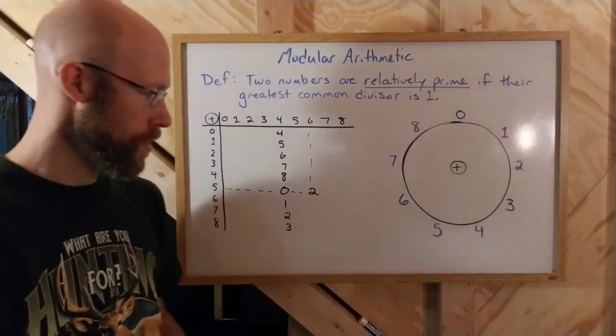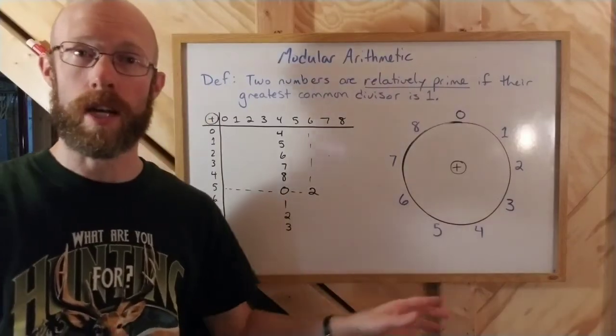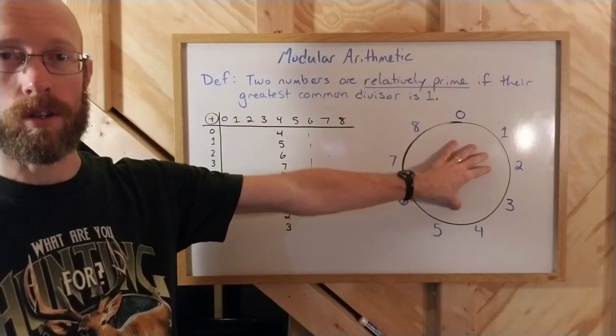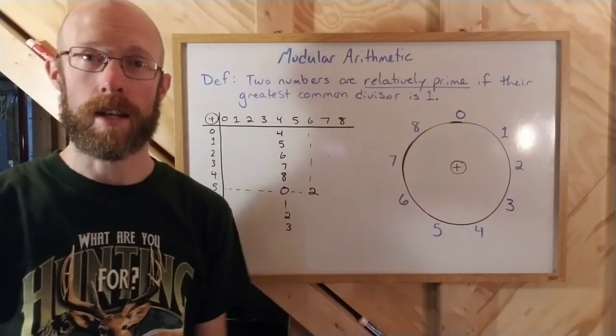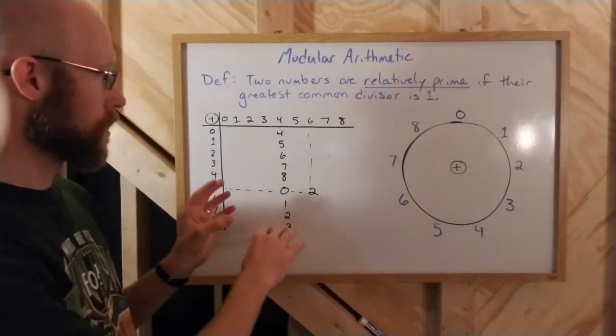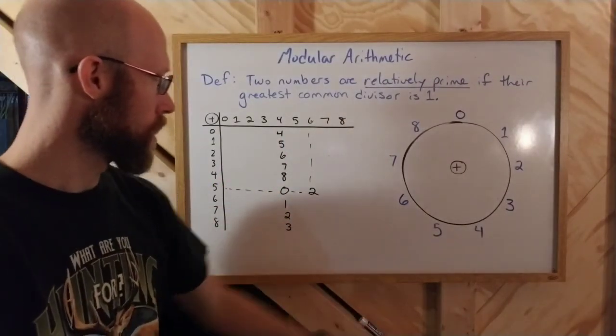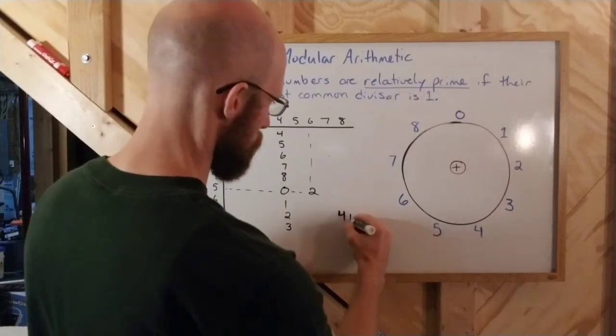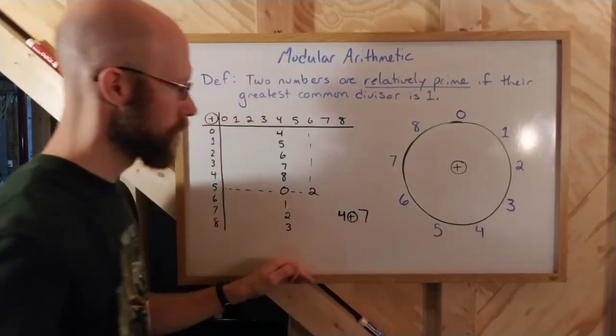So that's something that you'll see in your textbook. In fact, they'll often give you the table rather than the circle and ask you to find the sum. So if I filled out this table and then I said, what is 4 plus 7?